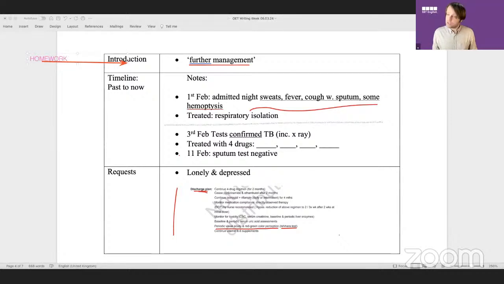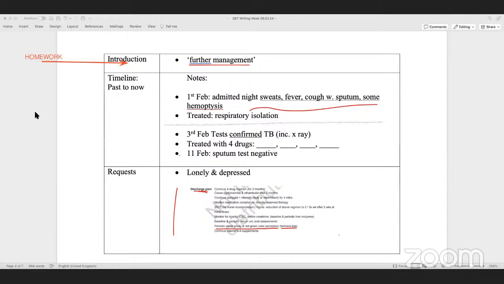Now, the way we teach writing is really like, you do it, right? I didn't tell you how to do this. You guys are doctors, high level of writing. I didn't tell you how. I just said, go and write this introduction. But there is one thing that must be in this introduction. What is it, everyone? Maxime. Further management. We've got to have this, right?